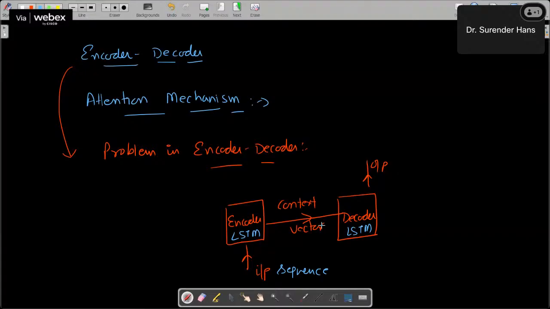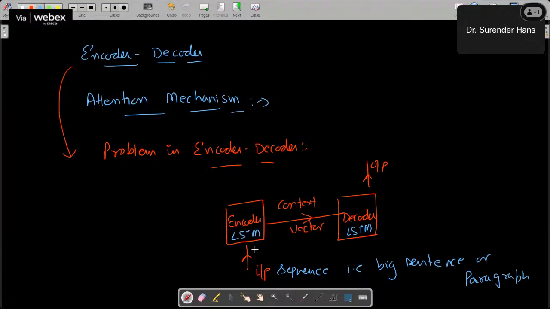The issue is the moment you give a big sentence as the input sequence, or let's say a paragraph.